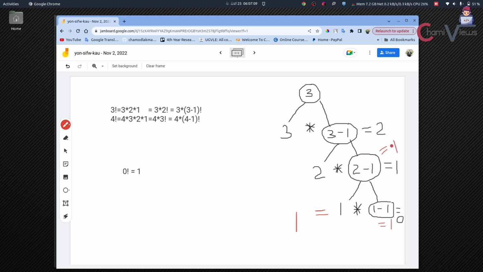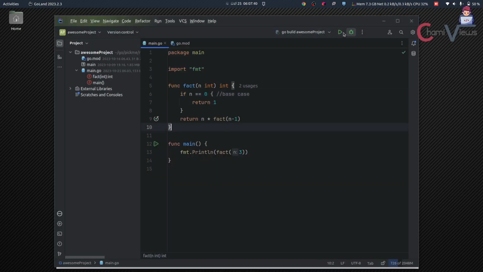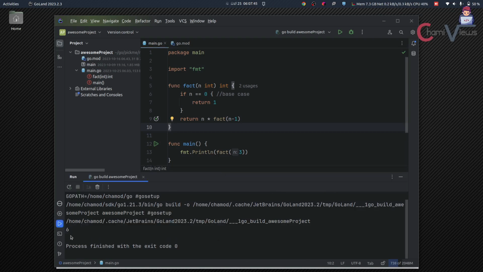Then 2 multiplied by 1 equals 2, so factorial 2 equals 2. And then it multiplies 3 by 2 equal to 6, so factorial 3 is 6. Hope you got that. I will run this, and the output is 6.